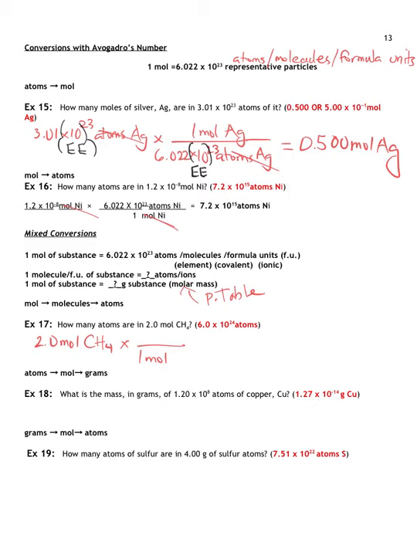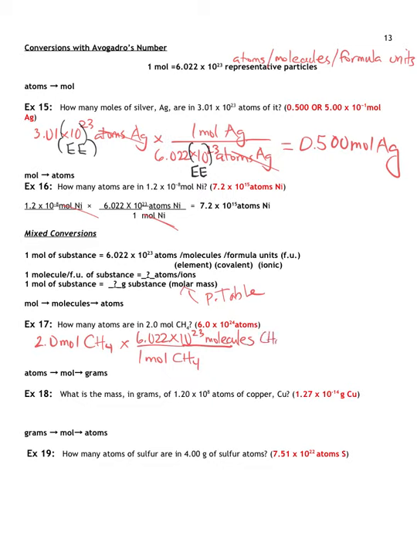So the first step is to say a mole of CH4 has 6.022 times 10 to the 23rd molecules. How did I know to use the word molecules? Well, because it's a covalent compound, and I know that is how many molecules are in a mole of methane.